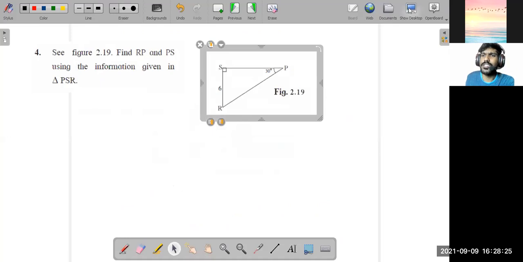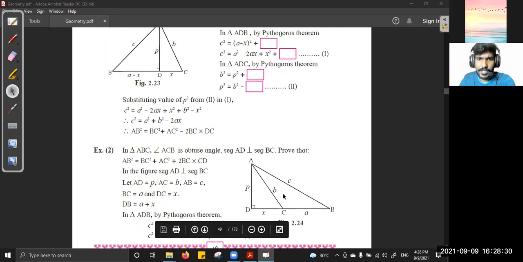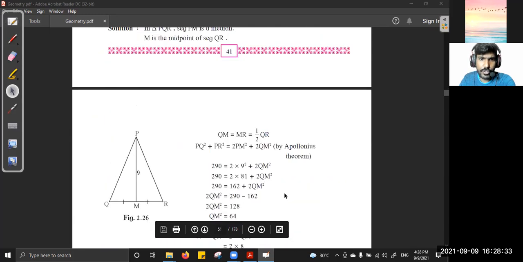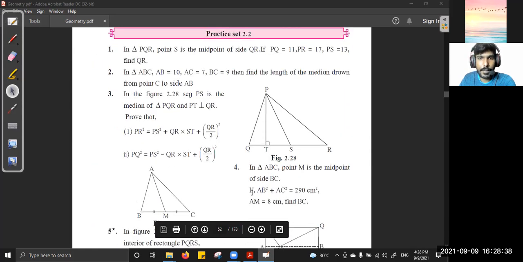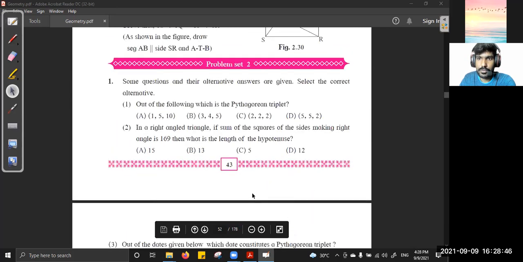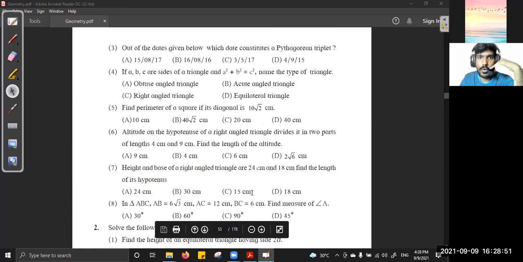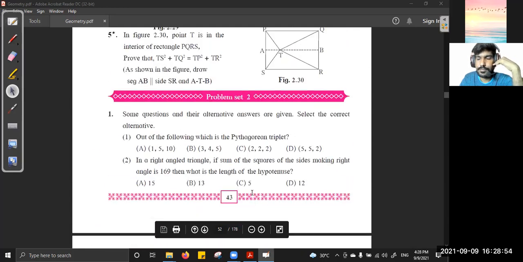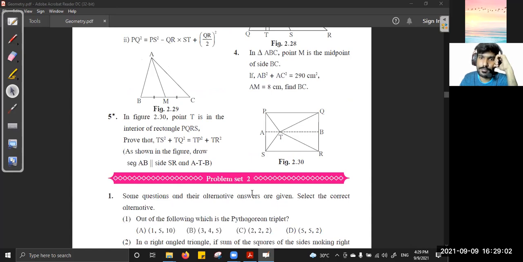So this chapter has, I think, only 3 exercises, and the next application is deleted. Let's see. Practice set 2.2 is not there.